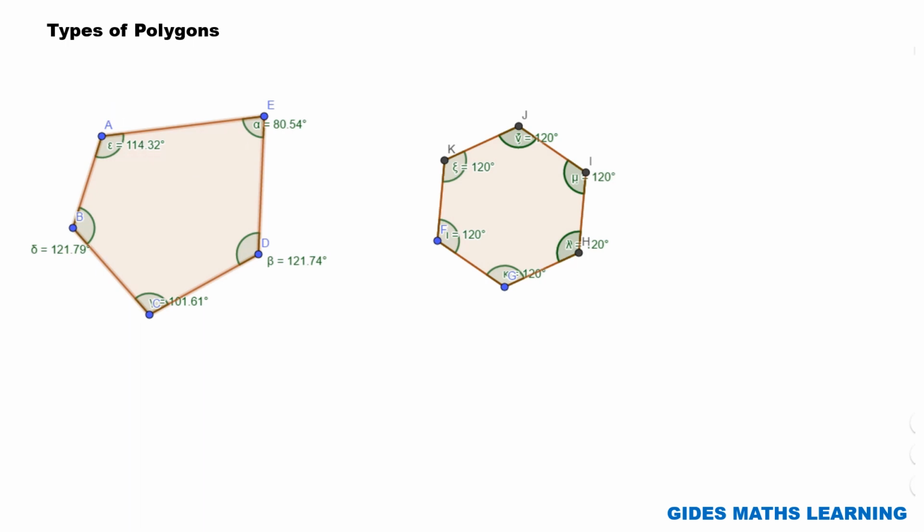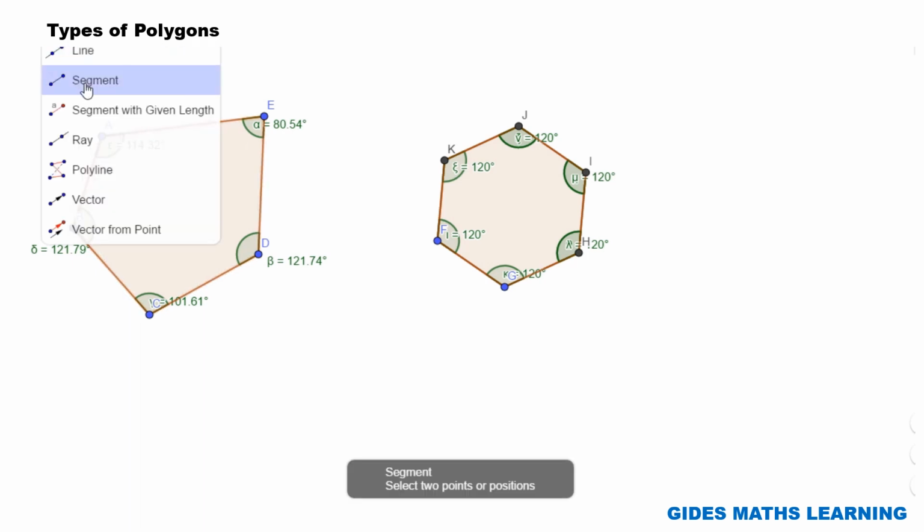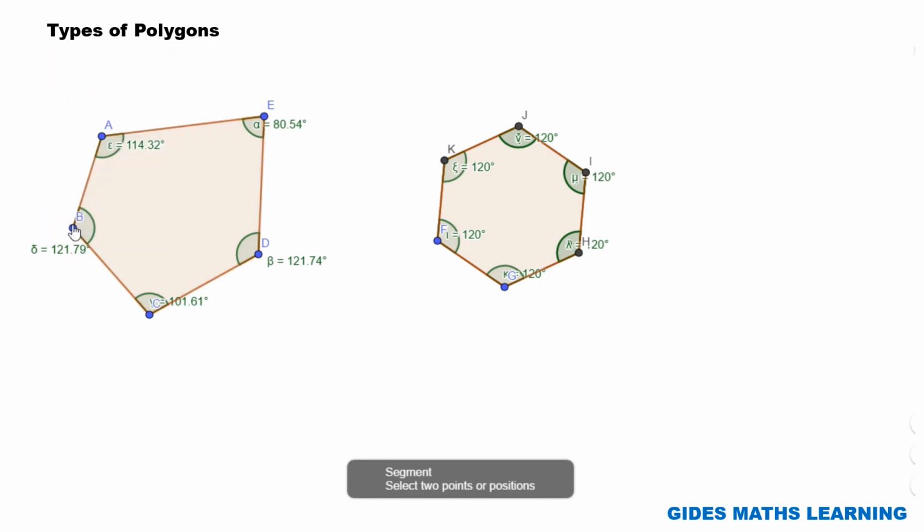So let's try. We have the diagonal from B to E. The diagonal is a line segment which connects two non-consecutive vertices, and these points are consecutive, so it ceases to be one. From here to here is not a diagonal. The diagonal will be from here to here.